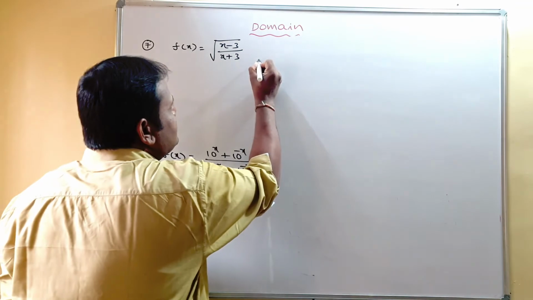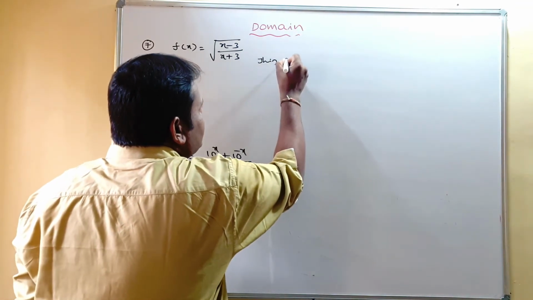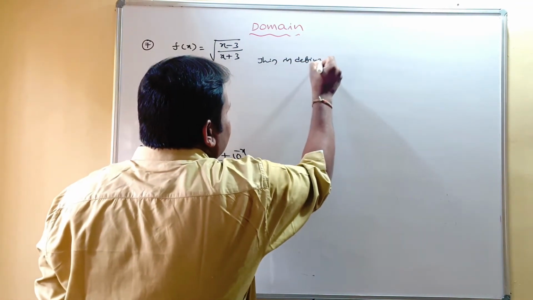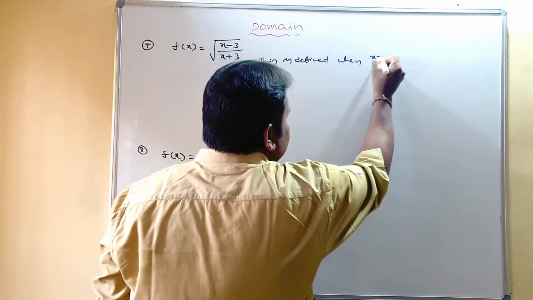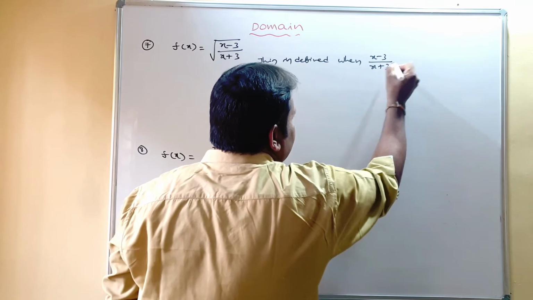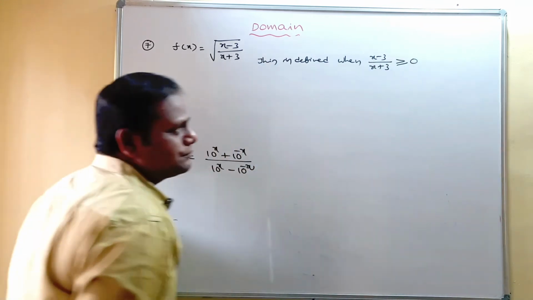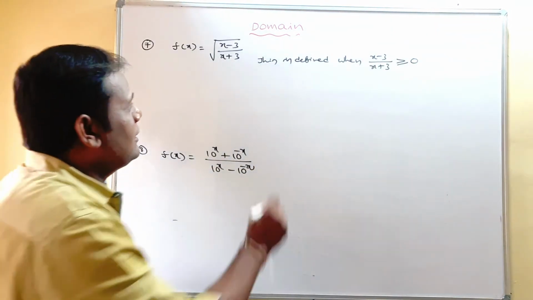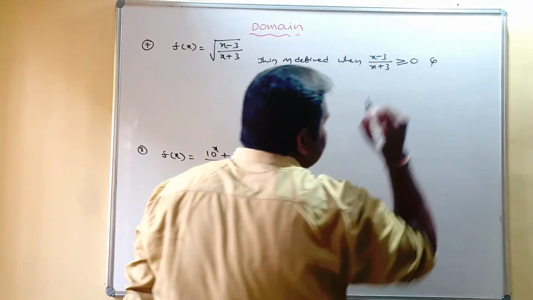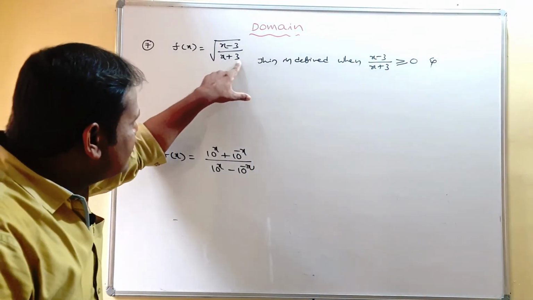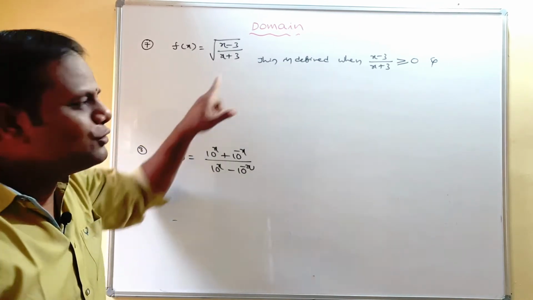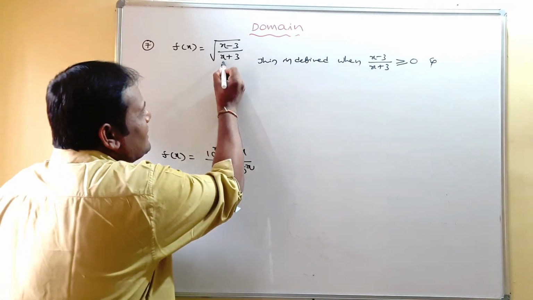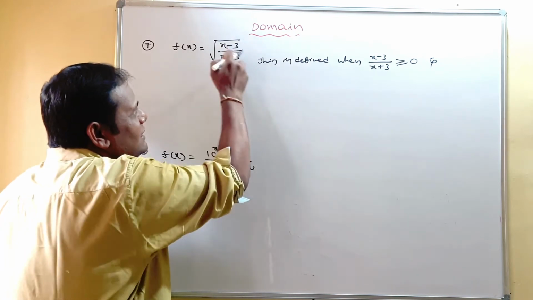This is defined when (x minus 3) by (x plus 3) is greater than or equal to 0. And is x plus 3 in the denominator? Yes.